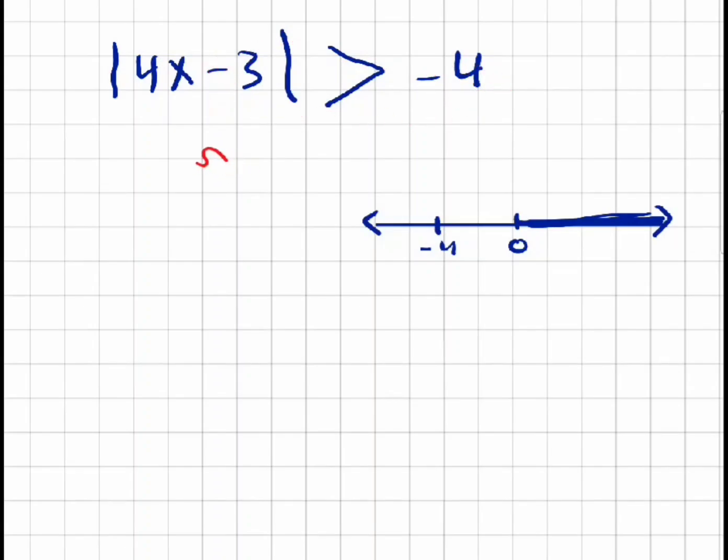So every value of x that you plug into this expression will always be greater than -4. You could try looking for a value of x that doesn't work. You're not going to find it. So therefore, we could say that x can be all real numbers.